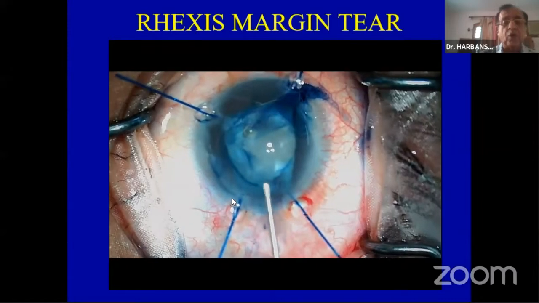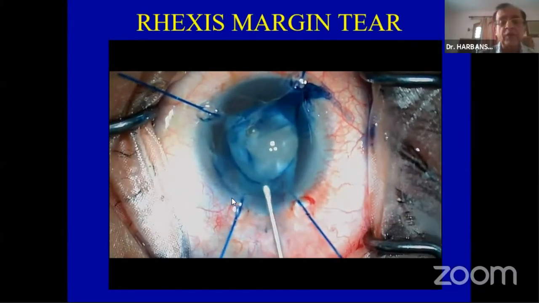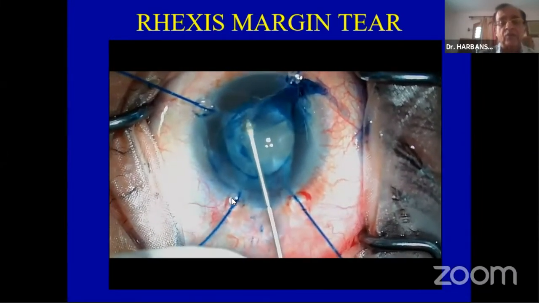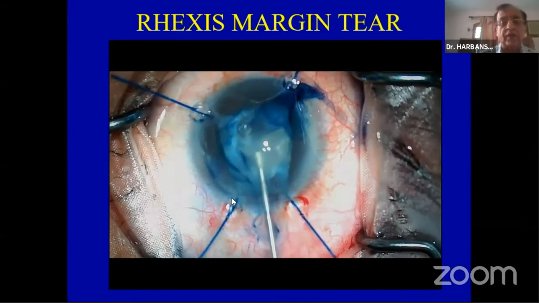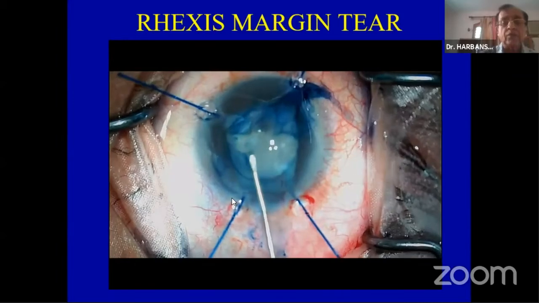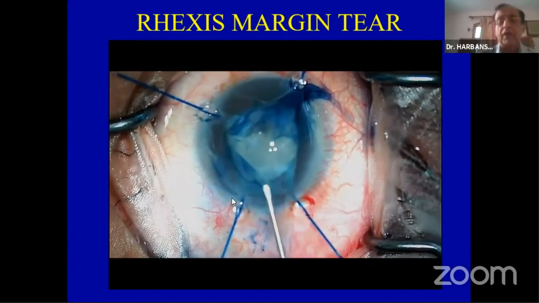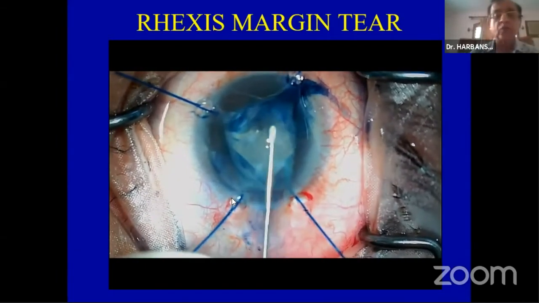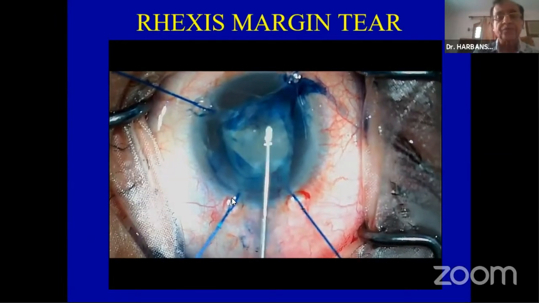It makes no difference whether the cut is on one side or two sides, because once it is a conal cut, it is a conal cut, and it is going to get extended further. So now we need to have a good clear space in the central area to perform the phaco emulsification.